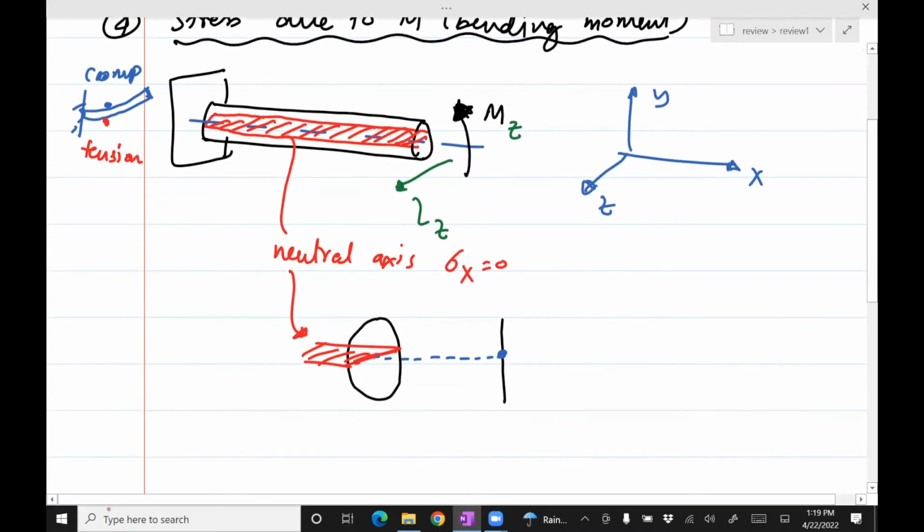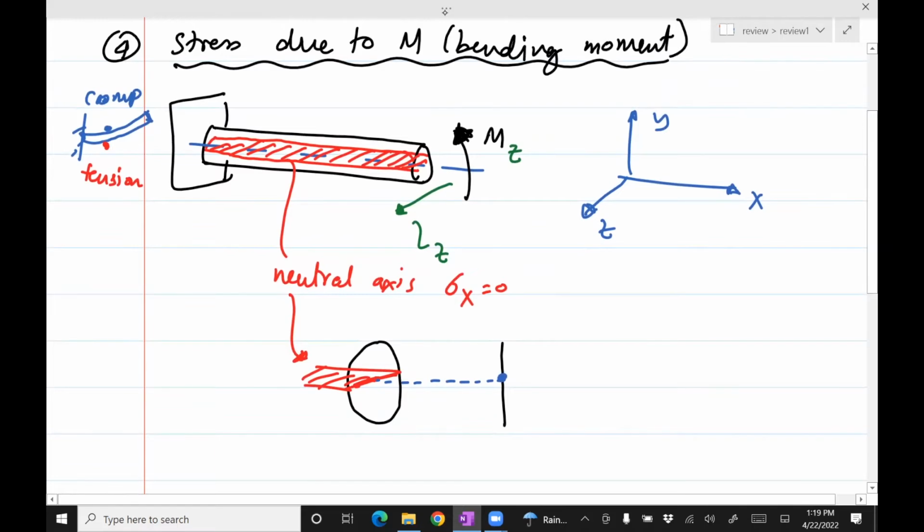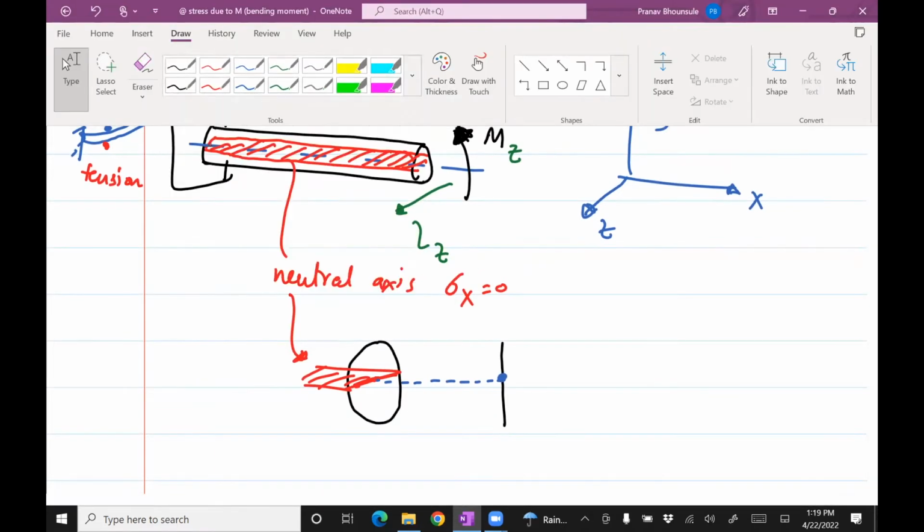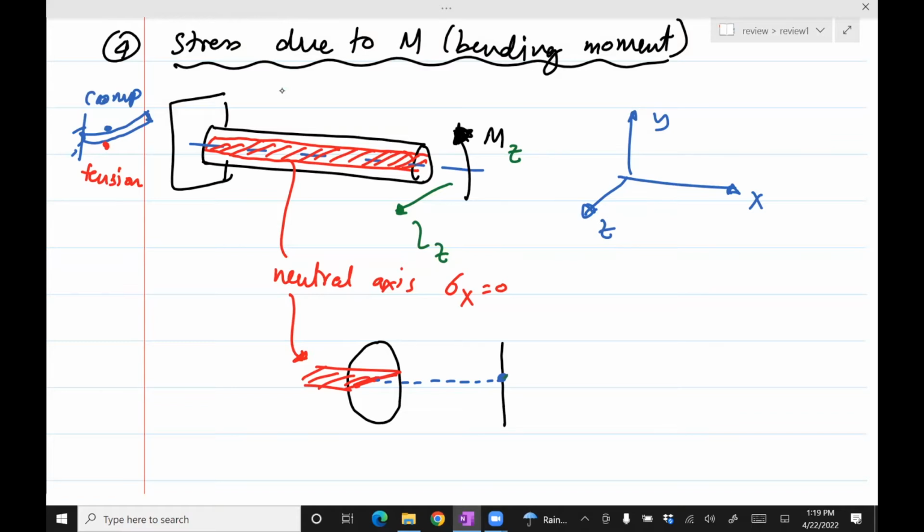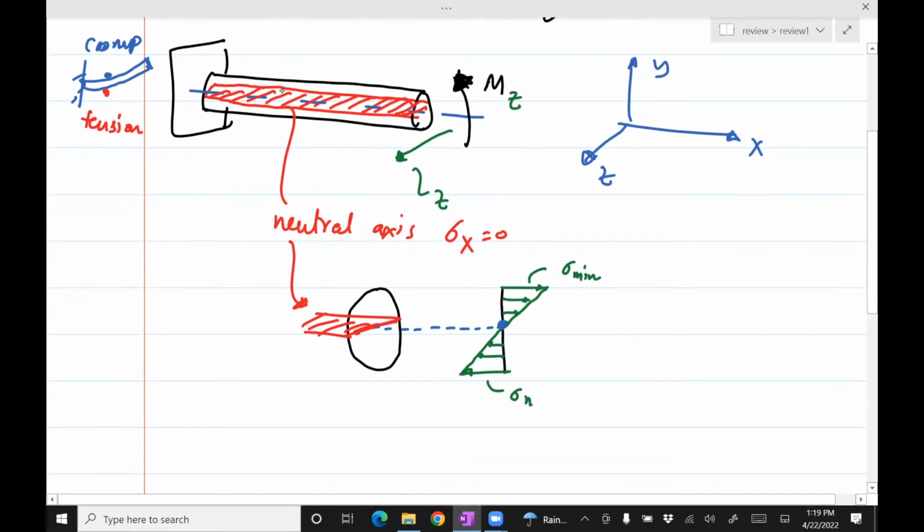So then we will see that the stress would be something like this, a little bit stretched. This would be sigma min, because the top part is under compression, and the bottom part would be sigma max.